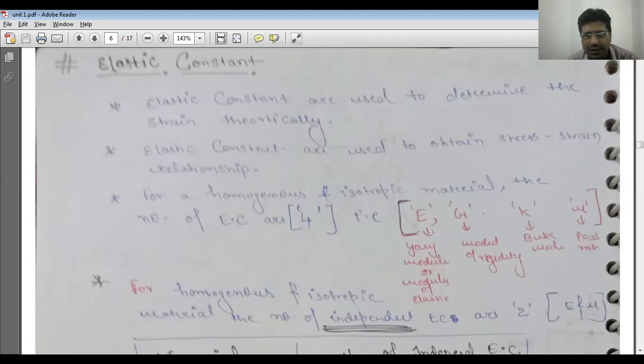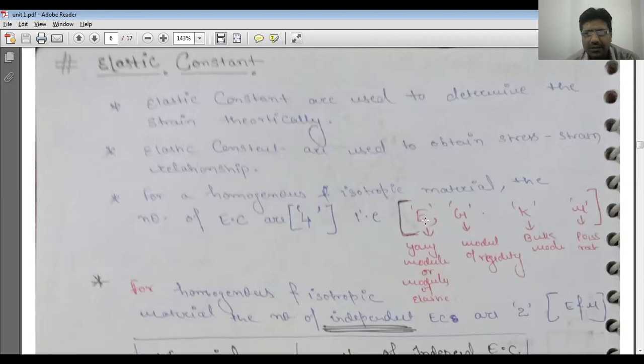So the first is Young's modulus of elasticity E, the second is modulus of rigidity G, and the third is bulk modulus K, and mu is Poisson's ratio. One is taken along the length, another along the area, and the third, bulk modulus, along the volume.